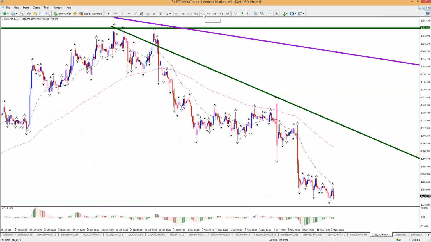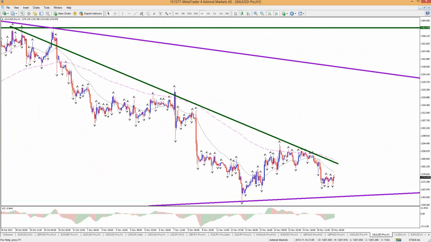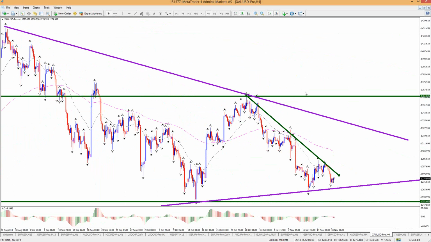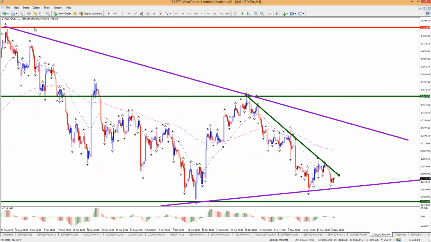XAU USD. I only see a trade when we break this green line for upside up to the purple trend line. When we break the purple trend line, I see a trade up to the green 1360. Once we break 1360, I see a trade up to 1430, and once we break 1430, up to 1520.